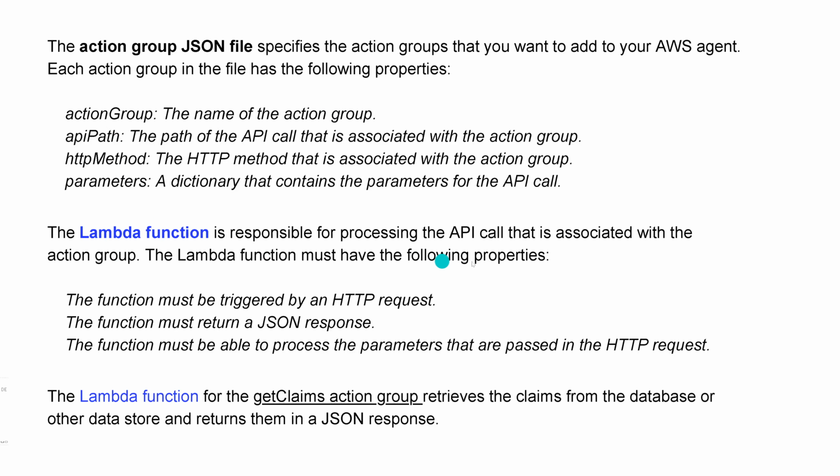The Lambda function itself must follow the properties A, B, C. The Lambda function, for example, the getClaims action group that I just showed you, retrieves the claim from the database or any other data store, document store, data lake, delta lake, whatever you have, and returns them in a JSON response. So you can augment now your query with this particular information for the LLM and the associated agent to perform its task.